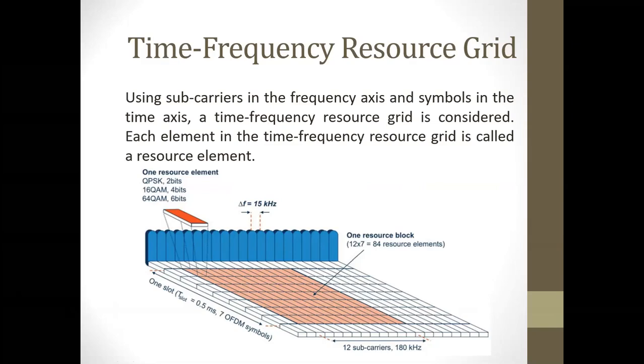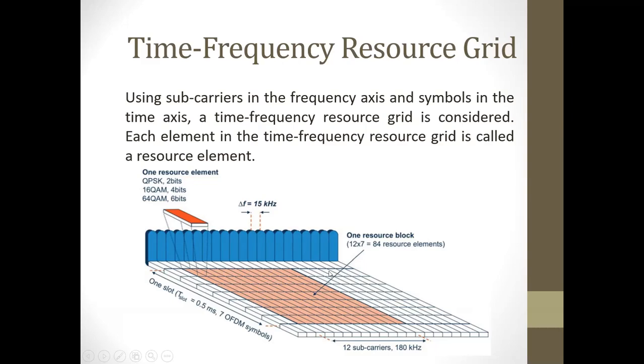Now this whole thing we can call a time frequency resource grid, because it looks like a grid; in x axis and y axis you draw lines and form a grid. Each element in the grid is called a resource element, carrying one symbol.